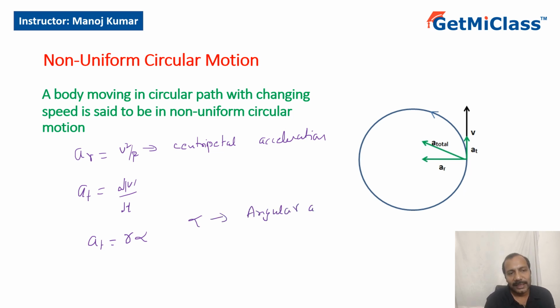And what is angular acceleration? It is rate of change in angular velocity, so alpha is d omega by dt. So we have tangential acceleration given by r alpha, where r is radius, alpha is angular acceleration, and radial acceleration is given by ar, which is v square by r, which we have just found out.